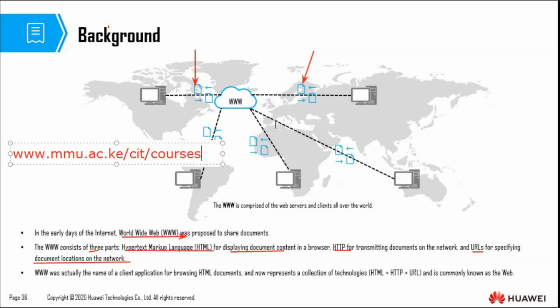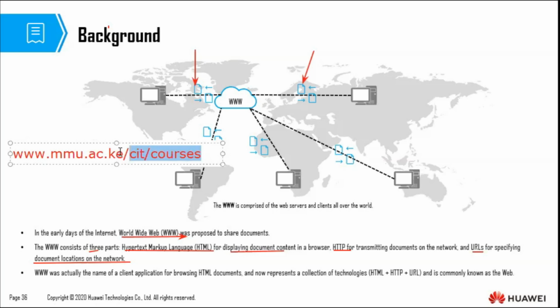A URL has the domain name. This is the domain name. It has the protocol bit, and it has the location of the resource you want on that particular server.